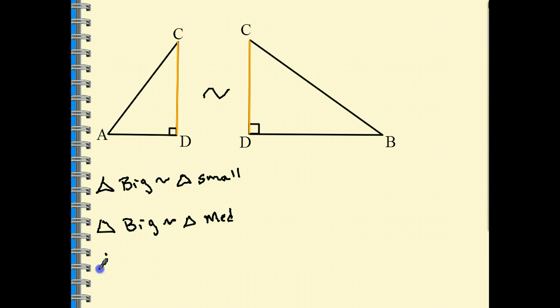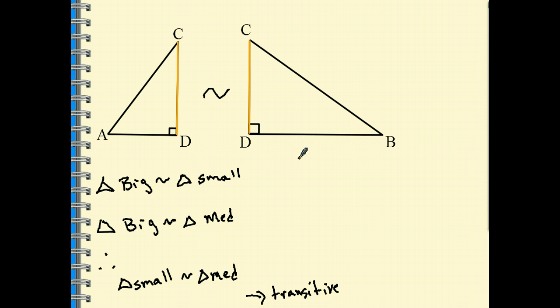So therefore, we can conclude that the small right triangle has to be similar to the medium right triangle. What property tells us? That's the transitive property.